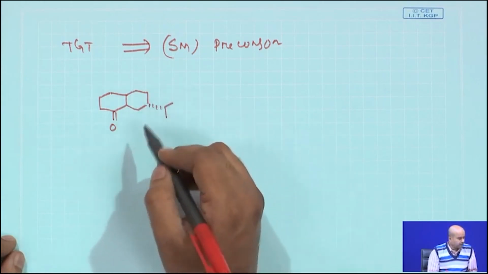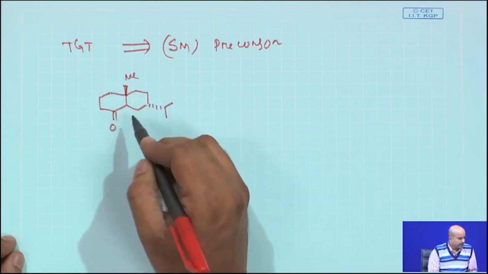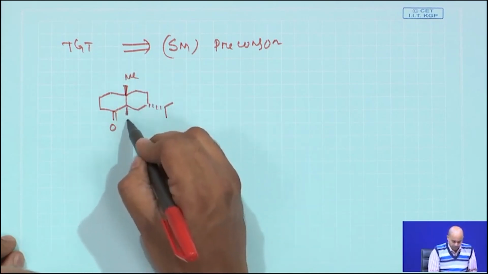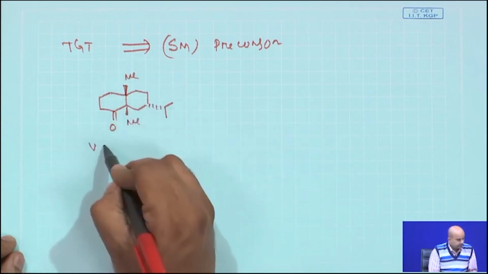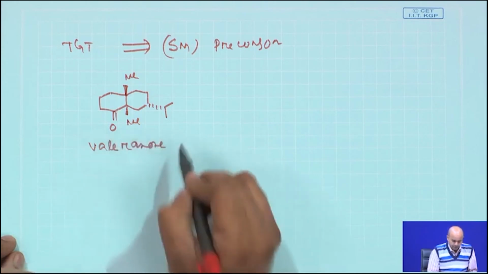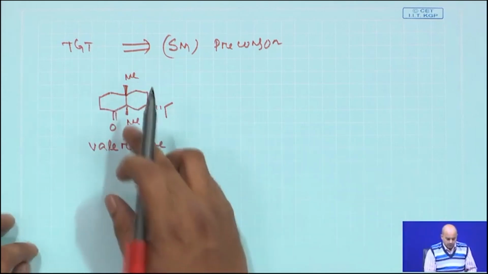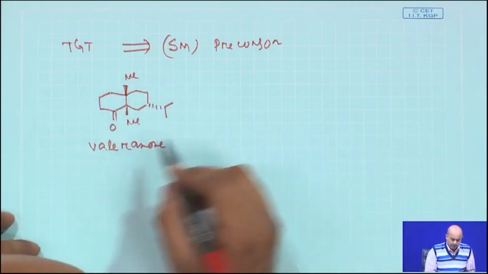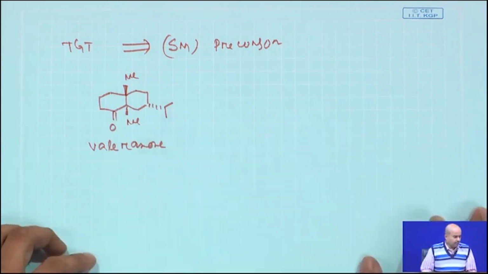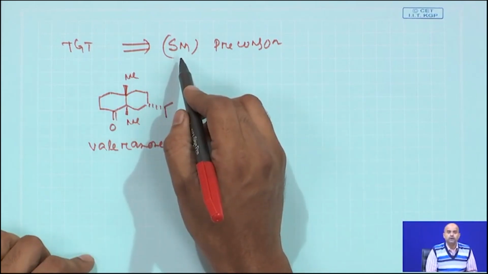This molecule is a natural product, and its name is valeranone. It is a C15 framework molecule, a sesquiterpenoid. You count its carbons, it will come as C15. So, valeranone is a natural product, and initially we are not discussing what starting material to start with.